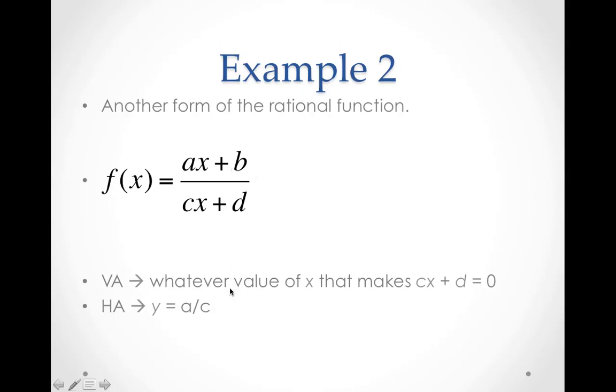In this form, the vertical asymptote will be whatever value of x that makes the denominator equal 0. And the horizontal asymptote will be y equal to a over c. So the coefficient of the x from the numerator and the denominator will create a fraction that will give us our horizontal asymptote.